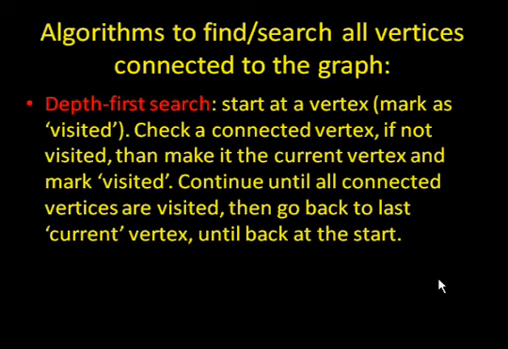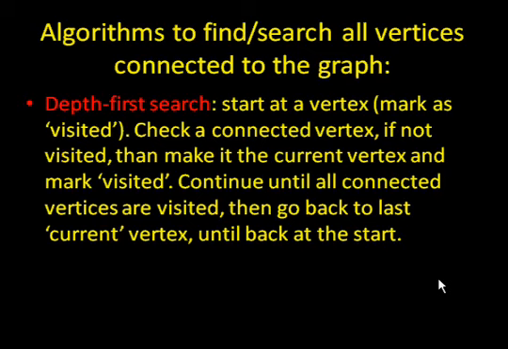Another algorithm is called depth first search. Again, you start at a vertex of your choice, and you mark it as visited. Now, instead of checking all the vertices connected to that one, you just check for one vertex connected to the first. If it's not been visited yet, you make that the current vertex and mark that also as visited.